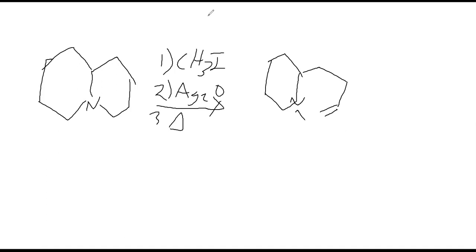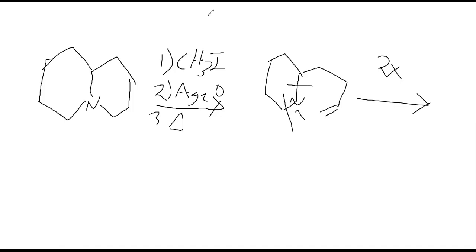Now F is essentially do this again, times 2. So we're doing step 1, step 2, step 3 again. So what are you going to do? Well, what's the most substituted product? I could break that bond, or I could break that bond. Well, that bond is going to make a di-substituted alkene.